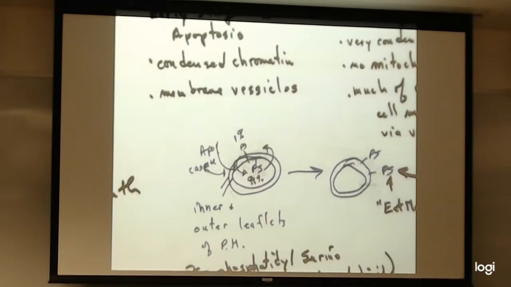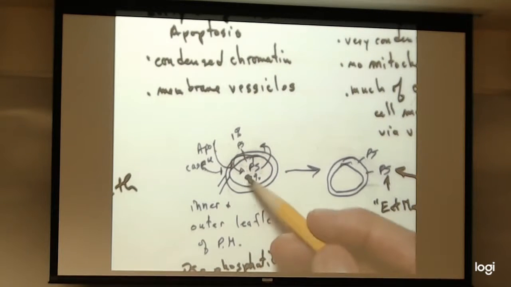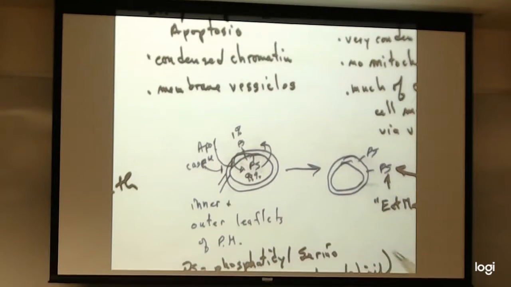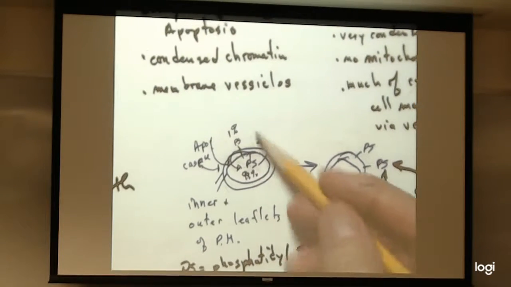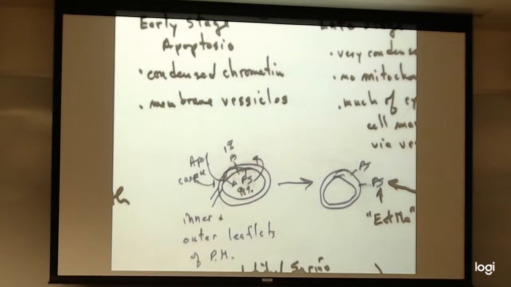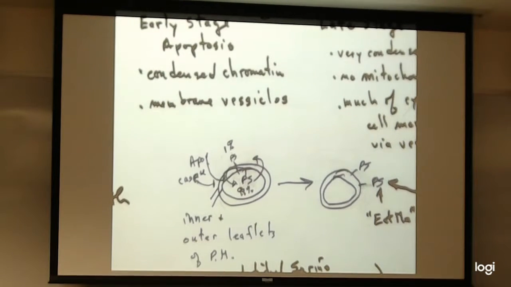One of the caspases cleaves the flippase. Okay. And so now the slow process of phosphatidylserine every once in a while sort of flipping to the outside world, that's not counteracted by the flippase, which brings it back in. So over time, more and more phosphatidylserine is showing up on the outer leaflet. It's got to sort of equilibrate to half on the outer, half on the inner, or something like that.